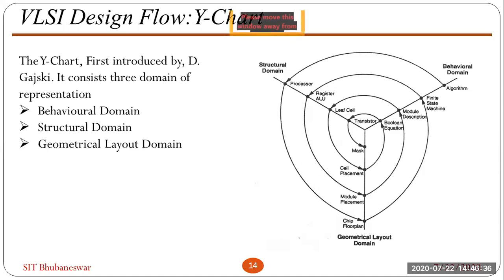Mask means how these cells will be created in fabrication. For every cell, masks are there. So every cell is designed through masks. For every layer, whether polysilicon, silicon, metal, or oxide, masks are there. One by one, you have to create each layer through a mask.